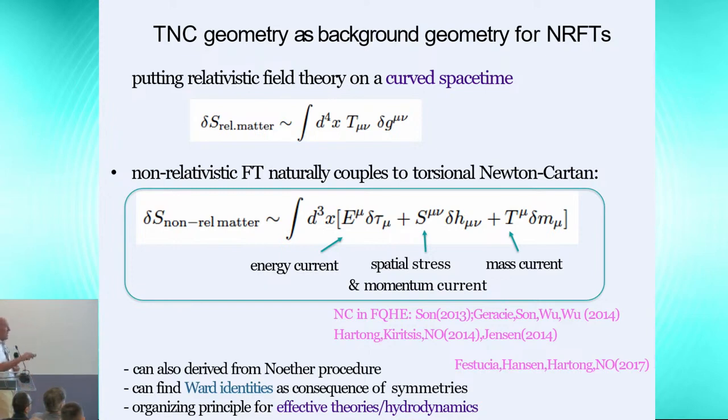It's kind of surprising, and of course Son pioneered this from the condensed matter side to describe the fractional quantum Hall effect. It's surprising, from a condensed matter point of view, that these geometric techniques have not been used before. In particular, it's a very nice organizing principle for effective theories and hydrodynamics.